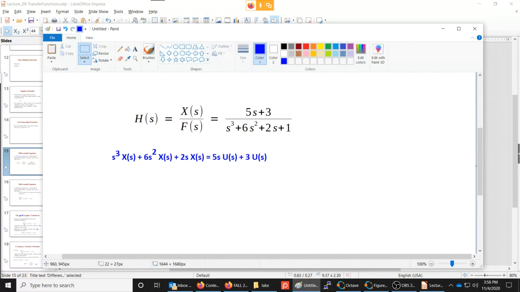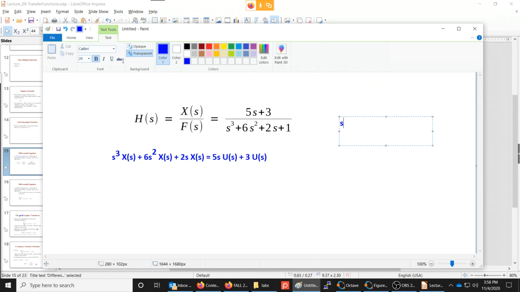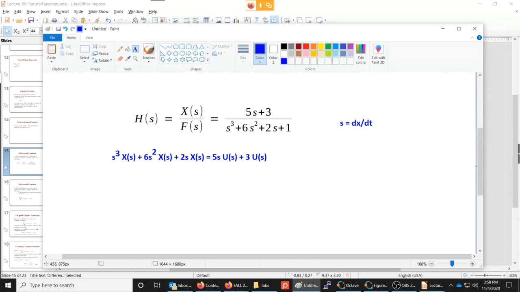Anywhere we see s is a derivative. So s is effectively equivalent to saying s is equal to dx dt for the x terms, or for the u term, it would be du dt.